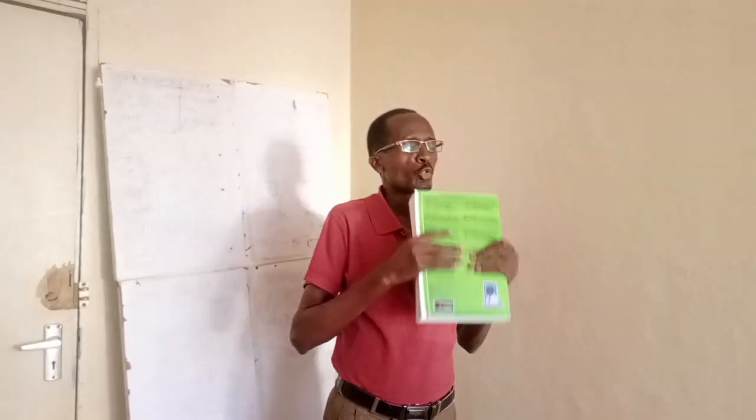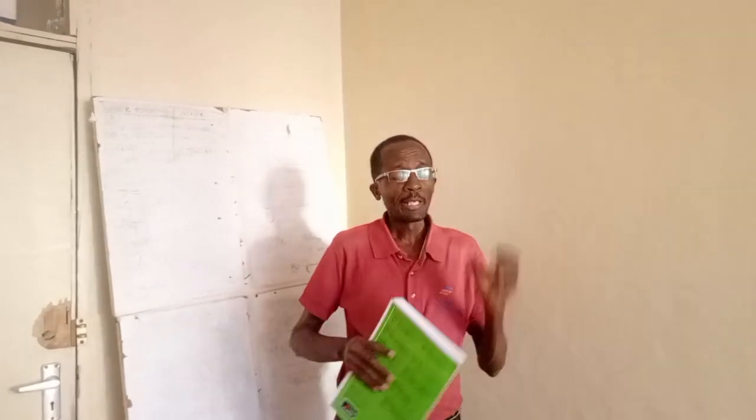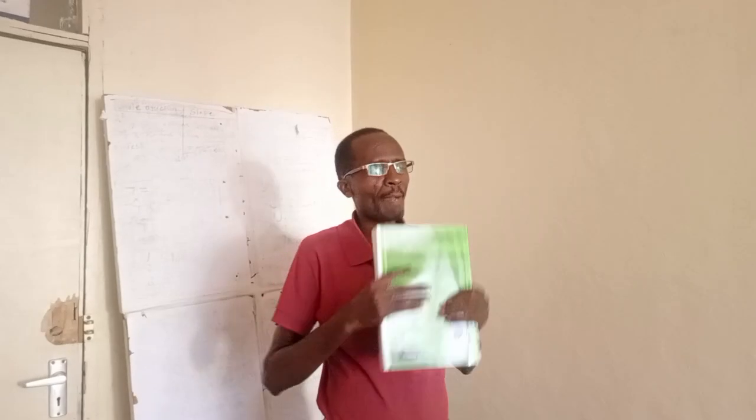So entry number one, or what you're supposed to do, is to close down the assets account of the selling company: you are supposed to credit the assets account and then you debit the realization account. Number two, you are supposed to debit the liabilities account and then you credit that figure in the realization account.